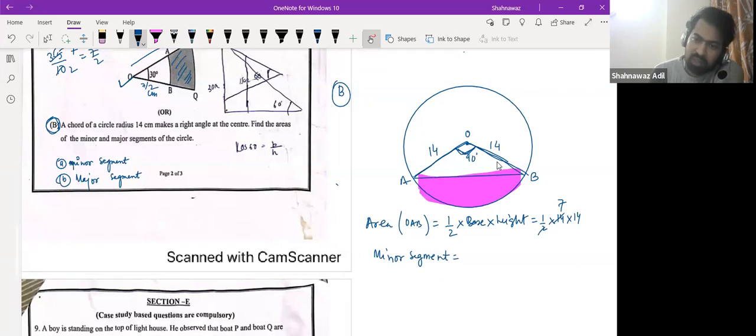To find the minor segment, we should add or subtract. You tell me what we need to do, because there would be two things we have to add or subtract. So what are the two things?